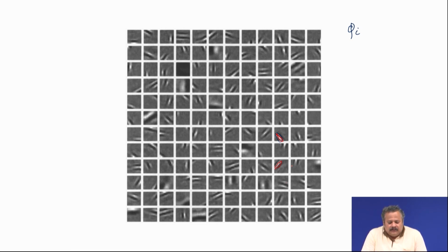So this was a remarkable result. It was a paper in Nature in 1996, and then there were follow-up papers from the same group and some from others, but this did not go much beyond the emergence of simple cell receptive fields.